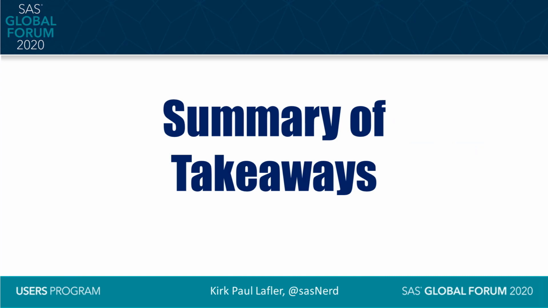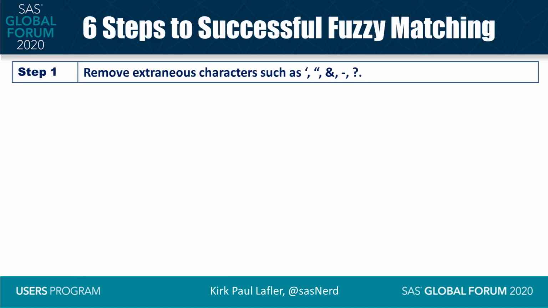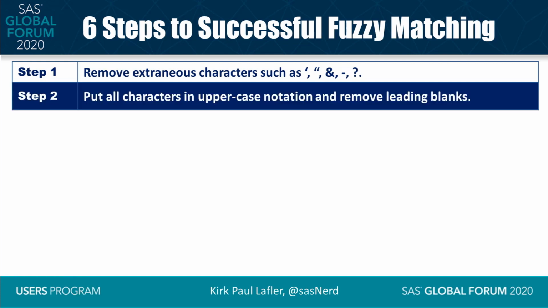So what are the summary takeaways in this lesson? The 6 steps to successful fuzzy matching. Step 1, remove extraneous characters that are not necessary for performing the match or the lookup or the join. Step 2, put all characters in uppercase notation and remove leading blanks, or use the modifier that ignores the different cases.